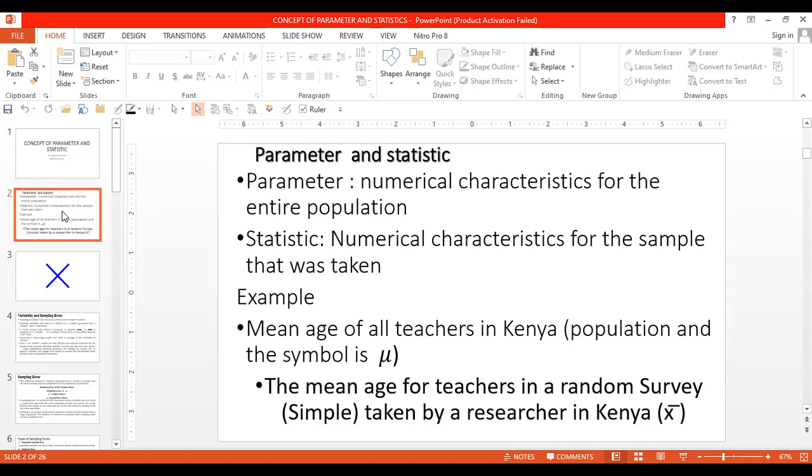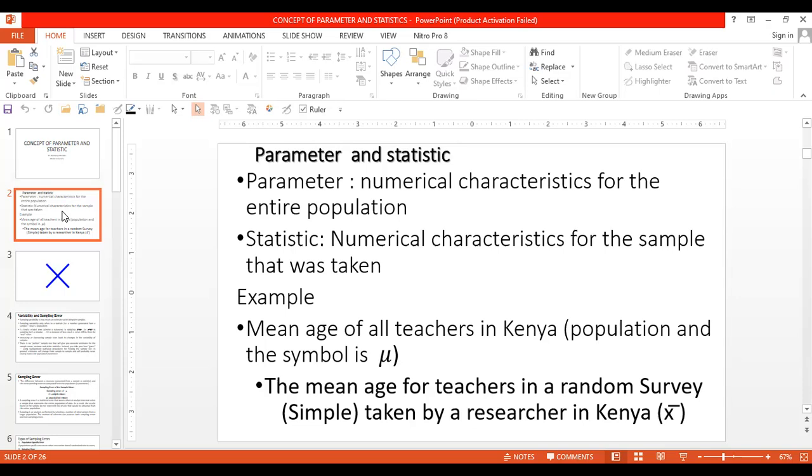Because in research, we usually deal with a sample and not the entire population. So when you are dealing with the entire population, then we refer to the numerical characteristic for the entire population.